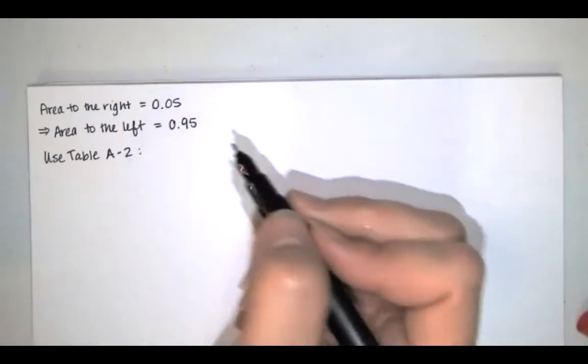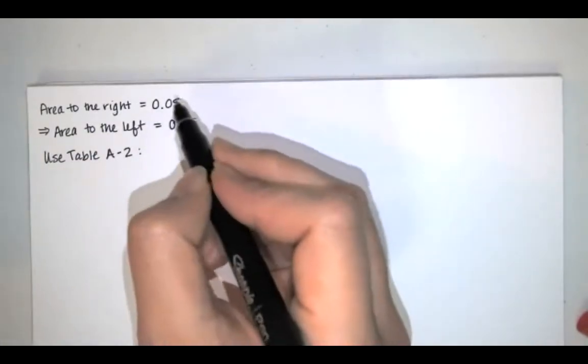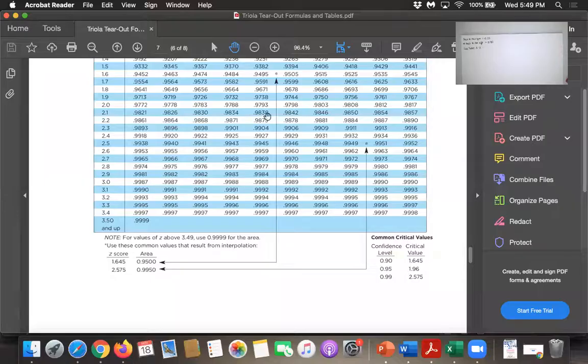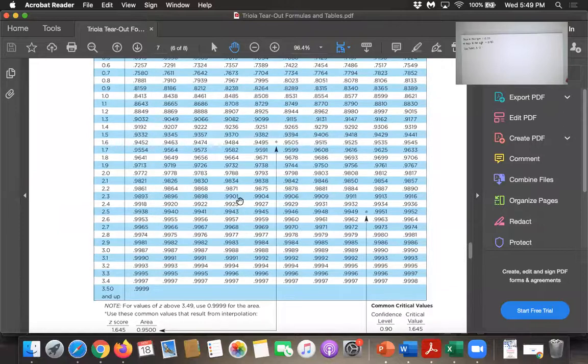So if I'm using table A2, I'm going to go to my table and I'm going to look for 0.95 in the body of the table. I think we can see that the closest that we're going to get are these two values right here. I've got 0.9495, and this one was 0.9505.